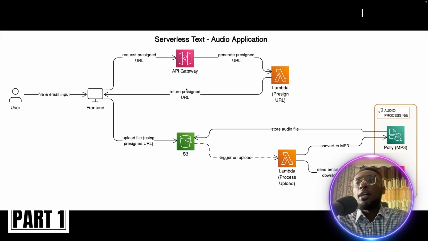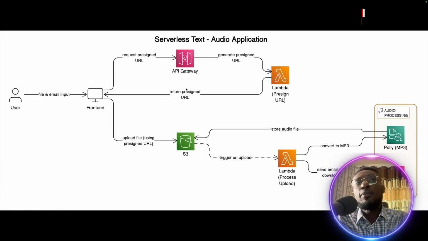As I indicated, it's a very simple application. We have our front-end component, which is going to be hosted on S3. And then in the backend, we have some API gateways and a few Lambdas. What happens is when a user uploads something to our front end, it's stored in an S3 bucket.